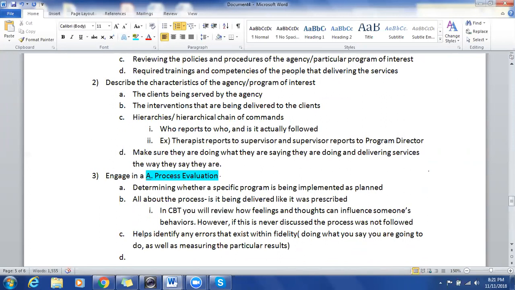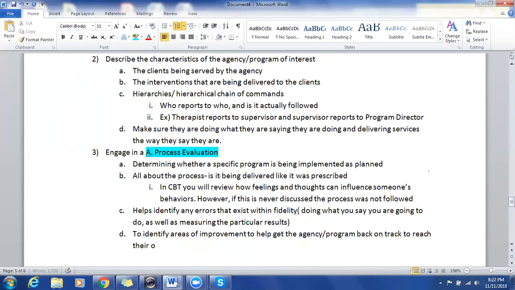And with that, it helps us to identify areas of improvement to help get the agency / program back on track to reach their overall program goal.